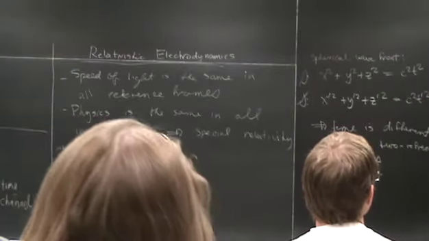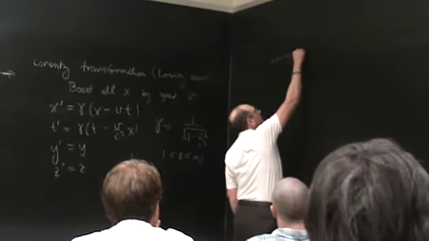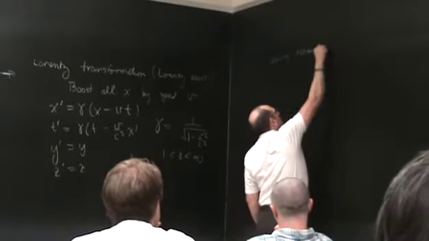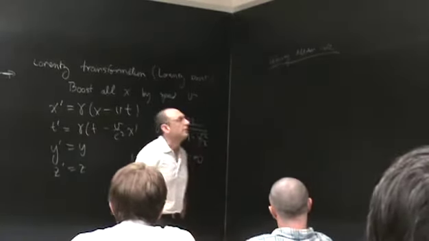Okay. So the velocity addition rule easily follows from a Lorentz transformation.